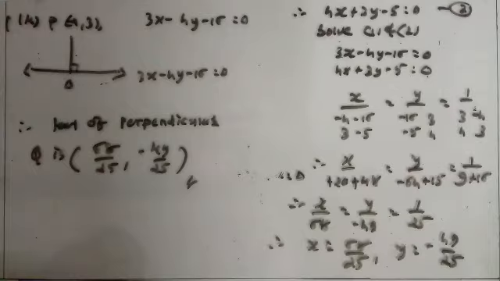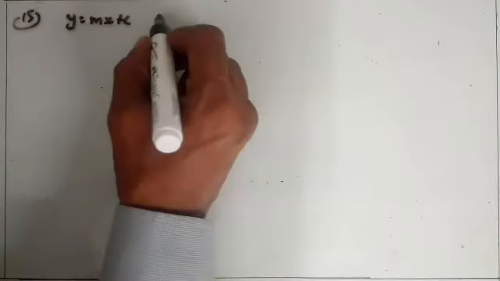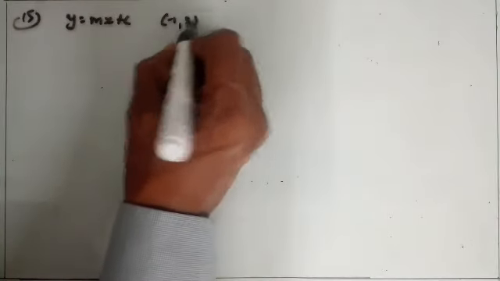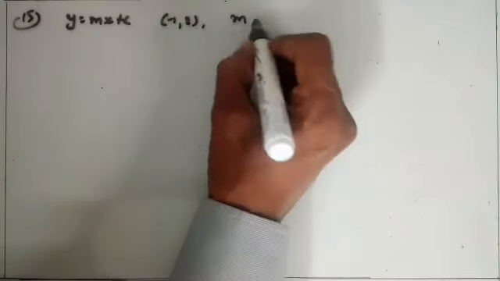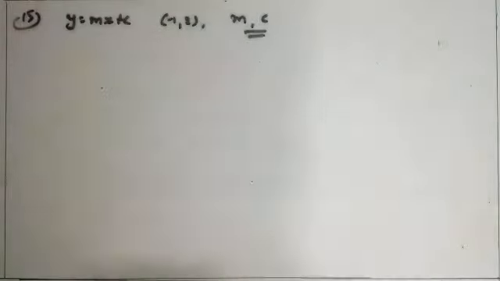Now next, question number 15. The perpendicular from the origin to the line y = mx + c meets it at the point (-1, 2). Find the values of m and c.